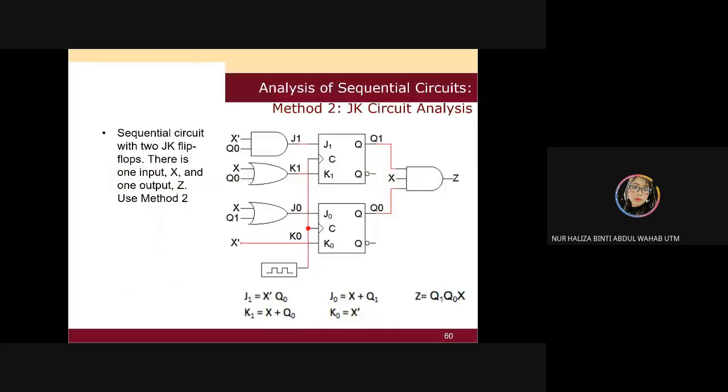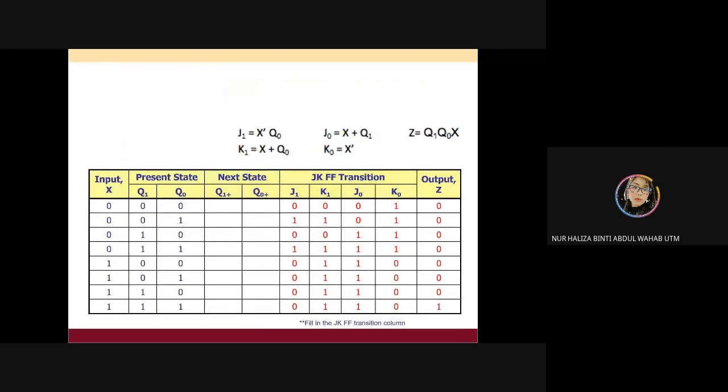After that, you will have, if you still remember, your JK transition. From this you can come out with your next state. As you still remember, if you have 0, 0, what will happen to your next state?